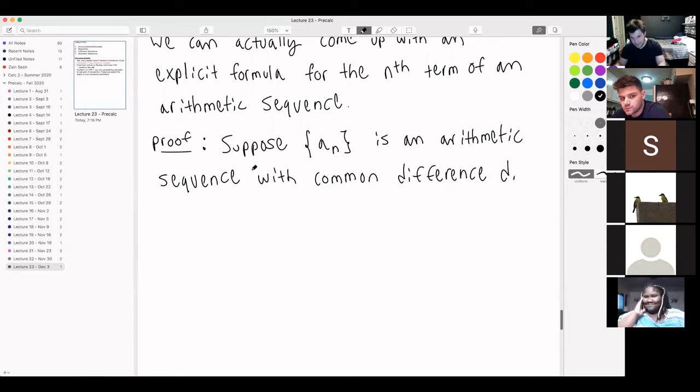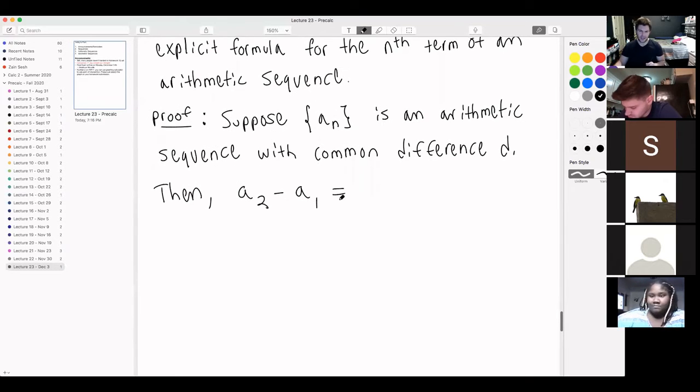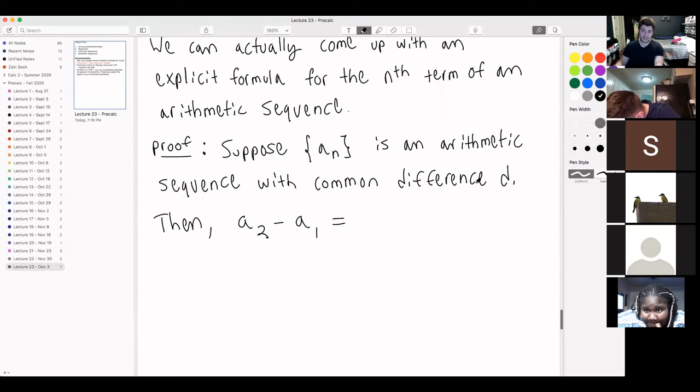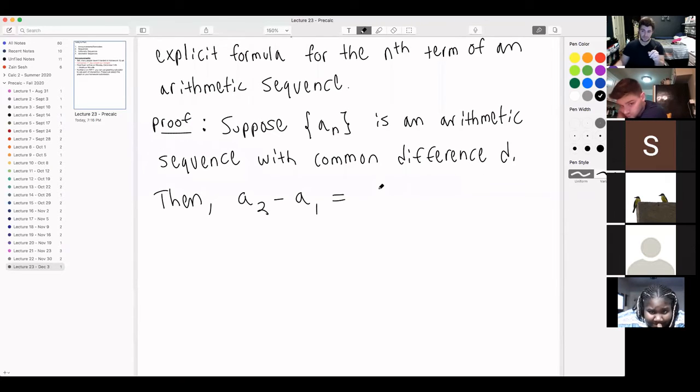All right, so here we go. a2 minus a sub 1 equals. If I know that this is an arithmetic sequence with common difference d, that means that the difference between any two consecutive terms is d. So can someone tell me what a2 minus a1 will be?